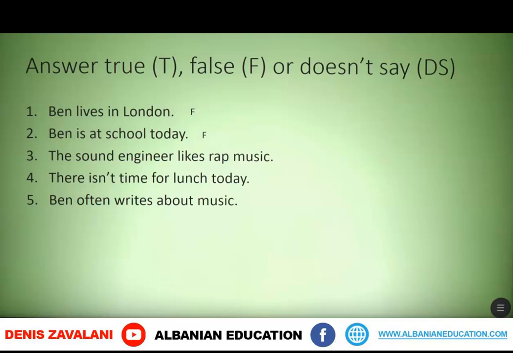Is that true or false or doesn't say? Okay, doesn't say. There isn't time for lunch today. Is that true? Yes, it's true. And the last one is Ben often writes about music. What do you think about this one? Doesn't say.